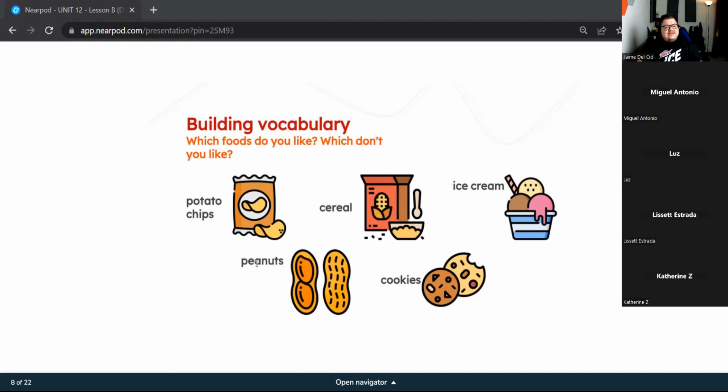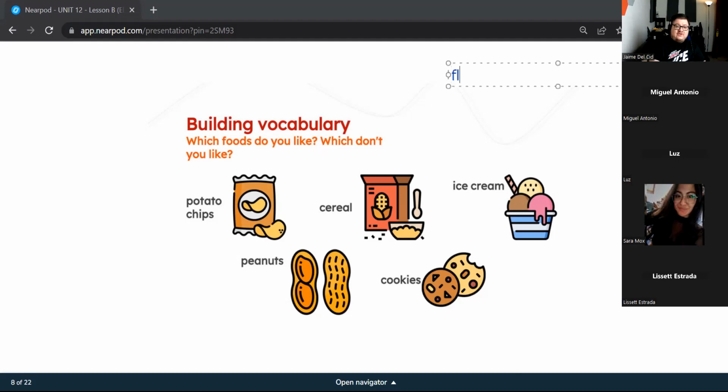And Sarah, which of these options is your favorite? My favorite is ice cream. Ice cream. Do you have a favorite flavor that you like? Perdón. Do you have a favorite flavor? Flavor is sabor.